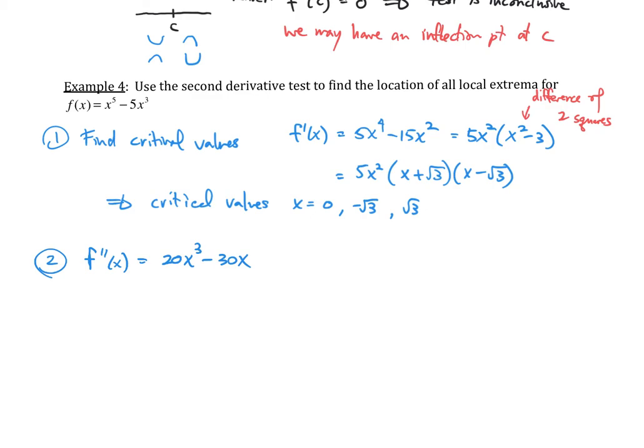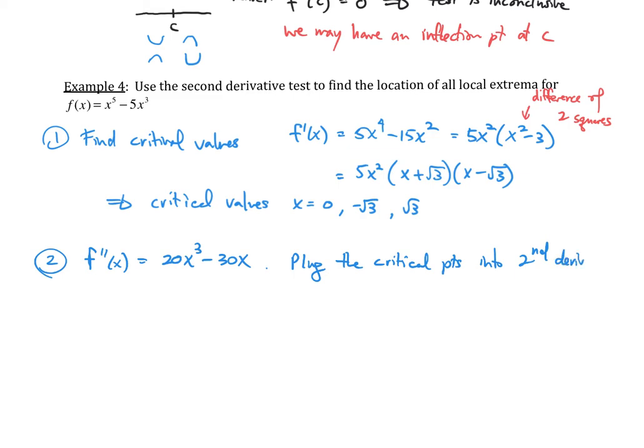I could factor it if I wanted to, but I don't really need to, because I'm going to use this second derivative to classify my critical values. So what I'm going to do is plug the critical points into the second derivative.